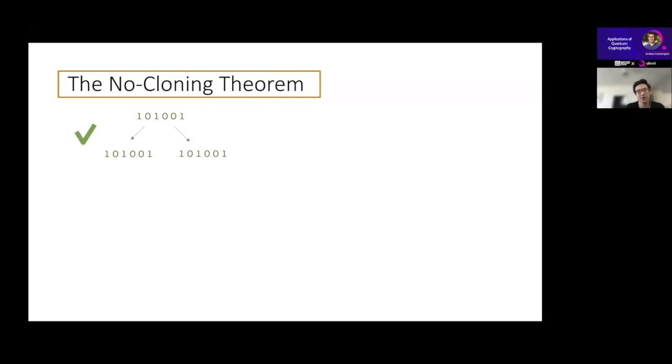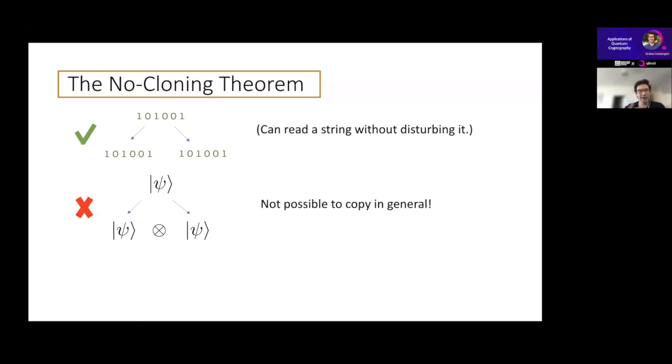And essentially this is because one can always read a string without actually disturbing it. Now, on the other hand, quantumly, there does not exist a universal copying procedure that takes as input an arbitrary, unknown quantum state and outputs two copies of it.